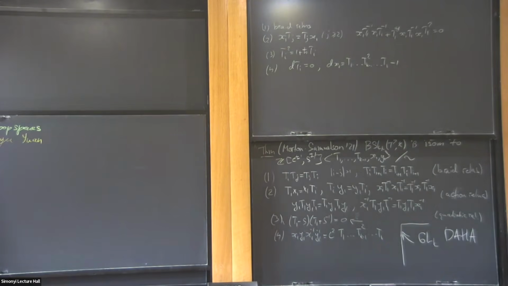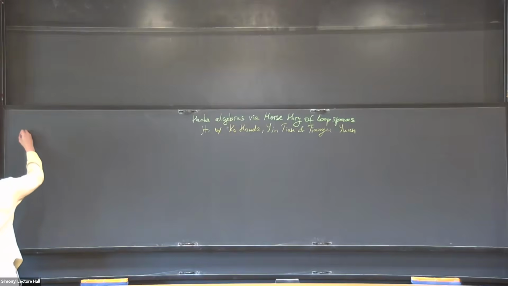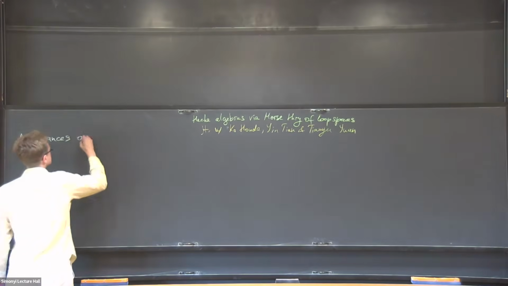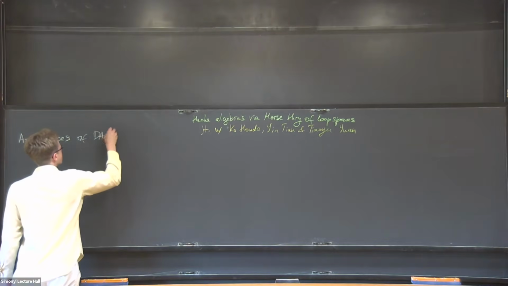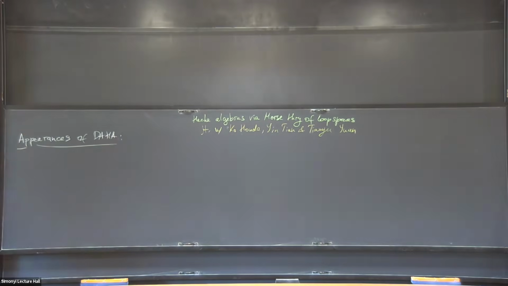Okay, so why can one care about this? Some interesting appearances of DAHA, and why one may care about these braid skein algebras for other surfaces.